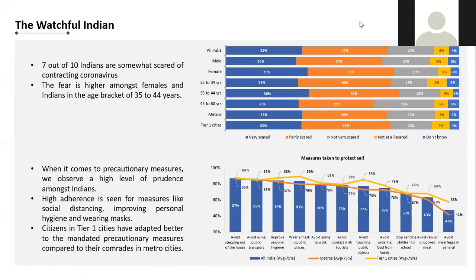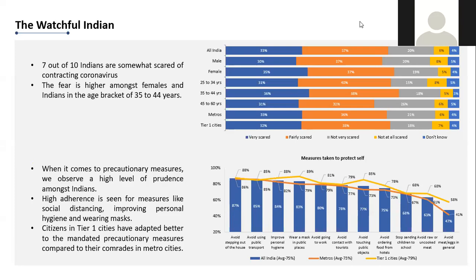When it came to taking precautionary measures, all of us, to some extent, took certain measures so that we could at least delay or avoid contracting the virus. If you look at the graphs on the right, there is a high level of prudence amongst consumers, and high adherence to measures like social distancing, improving personal hygiene, and wearing masks. This could especially be seen amongst consumers in tier 1 cities.